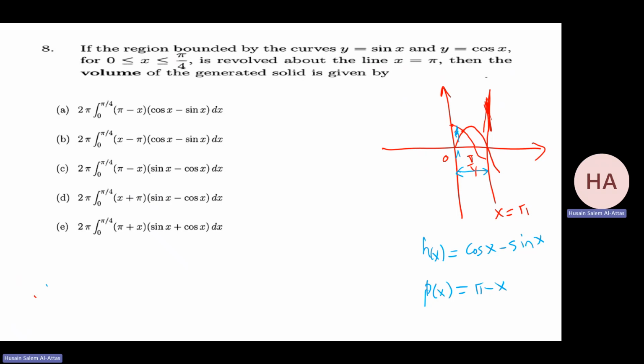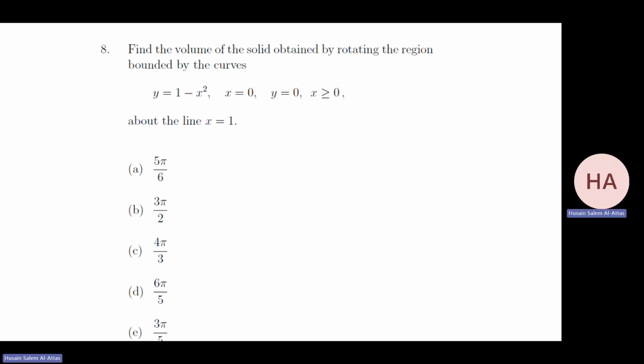And from where to where? From 0 to pi over 4. So the volume will be 2 pi, 0 to pi over 4, of pi minus x times h of x dx. Okay. Nice.